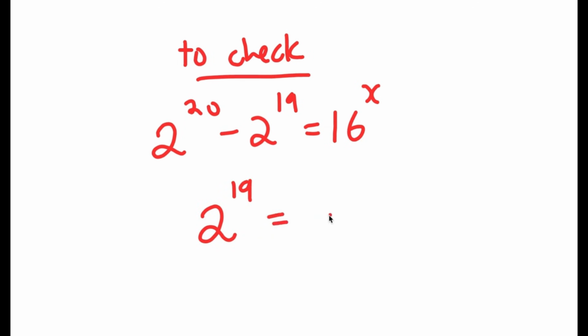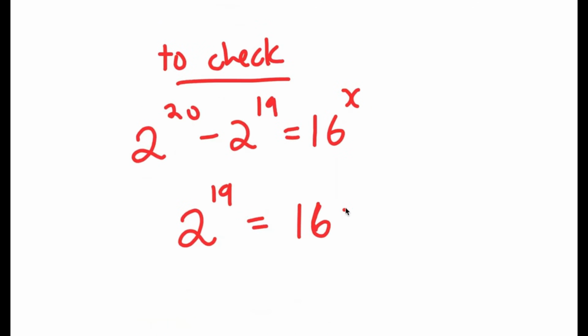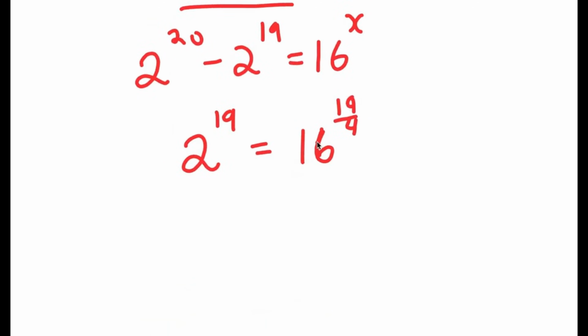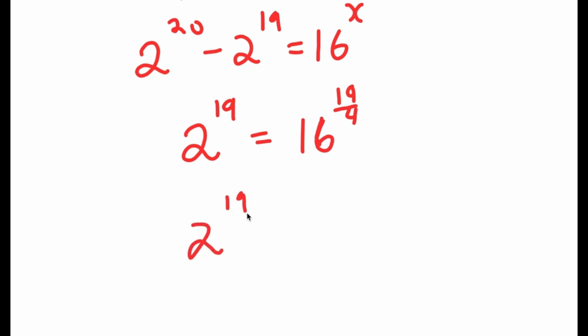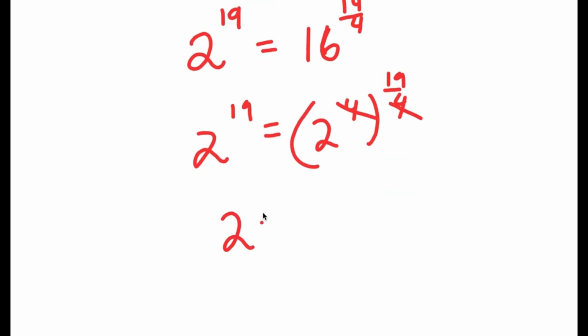So we get 2 to the power of 19 is equal to 16 to the power of 19 over 4. Now 16 is the same thing as 2 to the power of 4, so now I have 2 to the power of 4 to the power of 19 over 4. And these two 4's cancel out, so I get 2 to the power of 19 is equal to 2 to the power of 19.